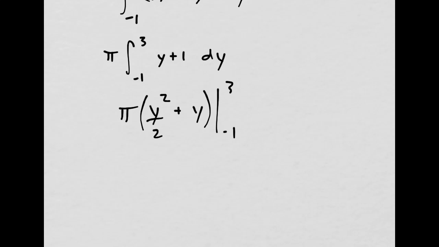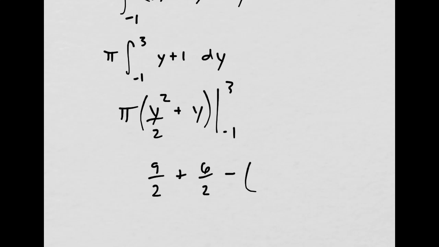Okay. Let's see what happens here. Is that right? I don't even know. Yes. Okay. So I put in the 3. There's 9 over 2 plus 3, which is the same thing as 6 over 2. So I just get a common denominator.